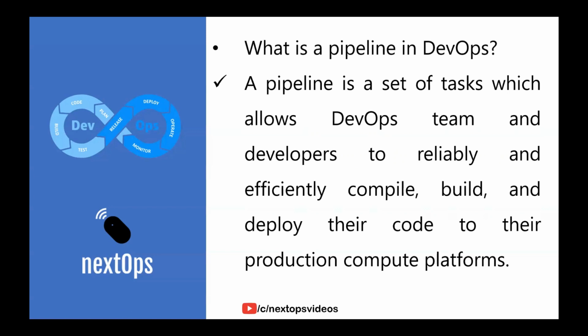So a pipeline will be divided into multiple steps or stages in which you define tasks, and these tasks automate entire effort, right? So a pipeline is a set of tasks which allows DevOps team and developers to reliably and efficiently compile, build, and deploy their code to their production compute platforms.